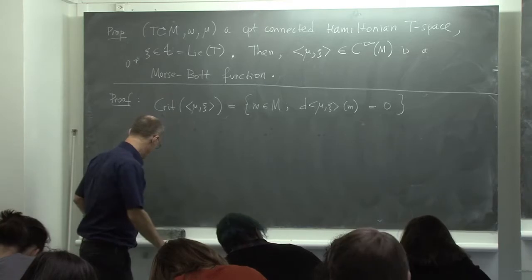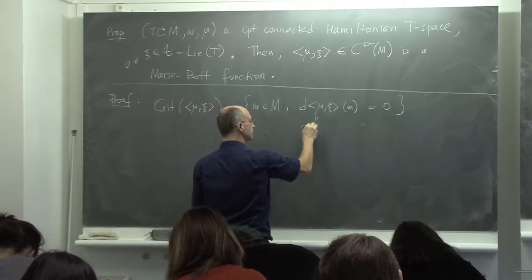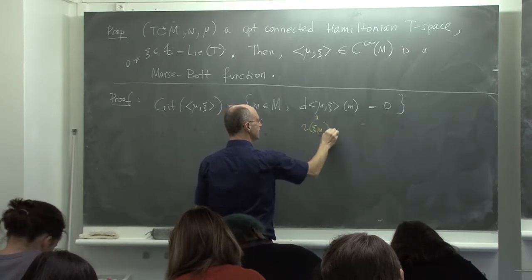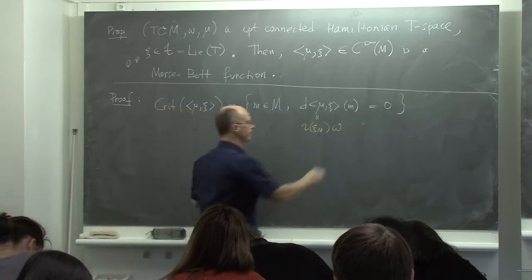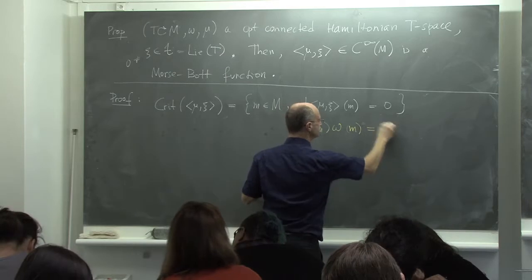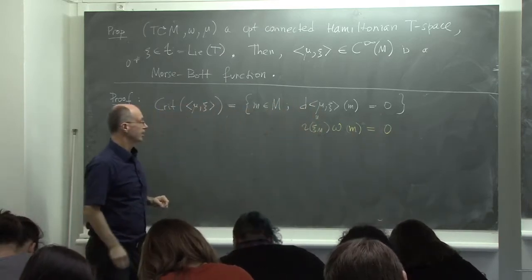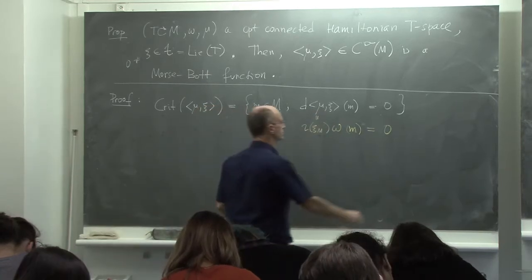Of course, we can rewrite it as iota of psi M omega, right? So that's, by the moment map equation, equal to 0, since omega is non-degenerate.